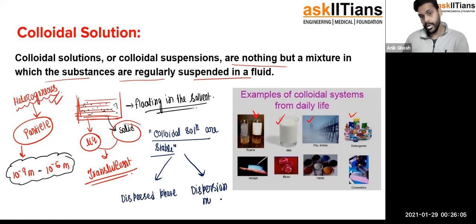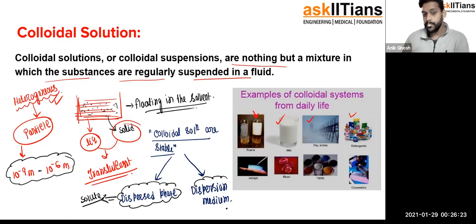Now, what is the dispersed phase and what is the dispersion medium? Whatever we call the solute in a solution is the dispersed phase in a colloidal solution. And whatever we call the solvent in a normal solution is the dispersion medium for a colloidal solution. That is how it takes its role.